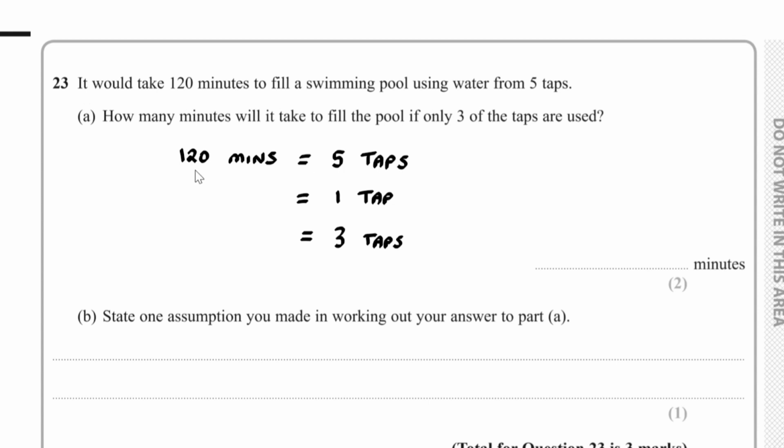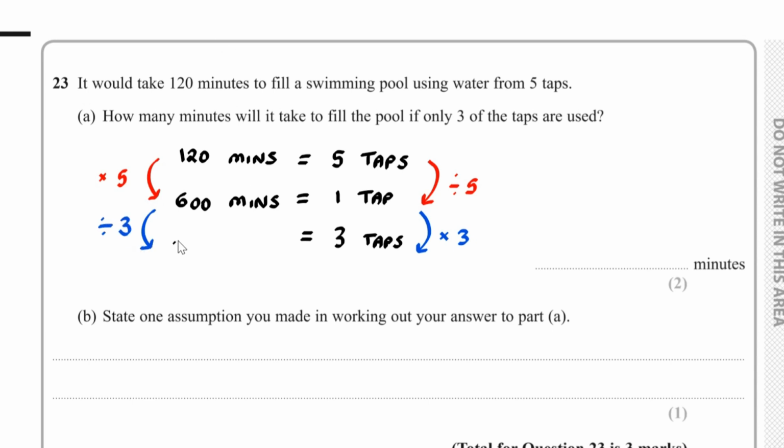Now, if with 5 taps it takes 120 minutes, then 1 tap will take 5 times longer, so that will be 600 minutes. And with 3 taps, it will take 3 times less, so that will be 200 minutes.